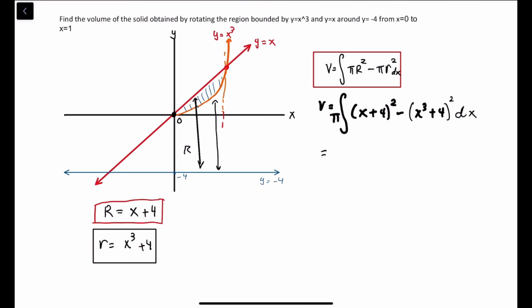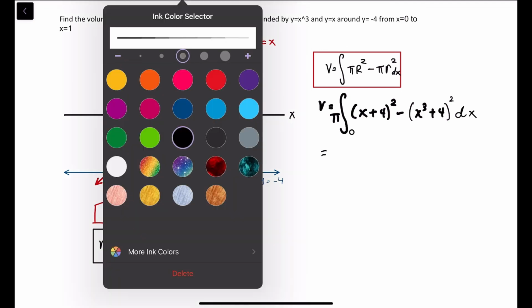So this is very simple integration. All you're doing is using the polynomial integration technique. So before solving these problems, you need to know how to integrate. But for the sake of this video, I'm just gonna put in the answer right away. But before we do that, we know that we're gonna integrate from 0 to 1, since that's our boundaries.